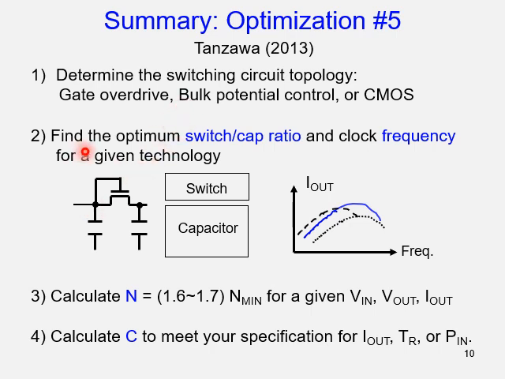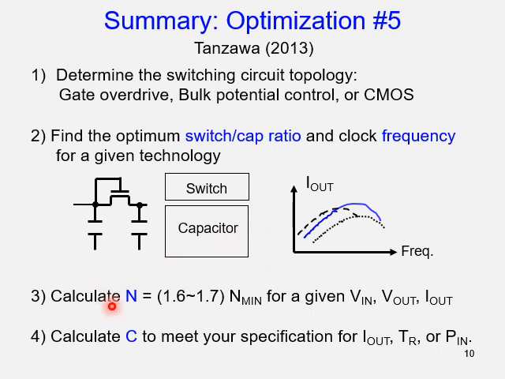Then you can run various simulations with different capacitor and switch size ratios per given area, and also you can sweep the clock frequency to find the highest output current and the optimum clock frequency, and at the same time you get the optimum switch and capacitor ratio.